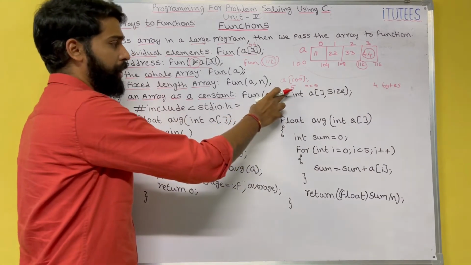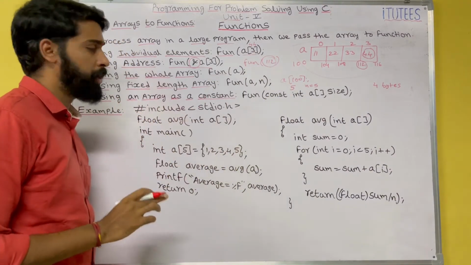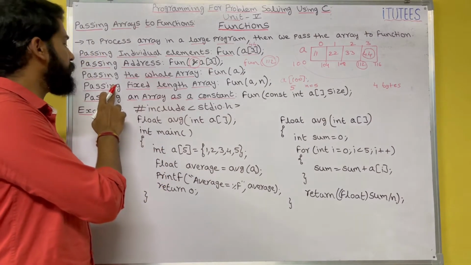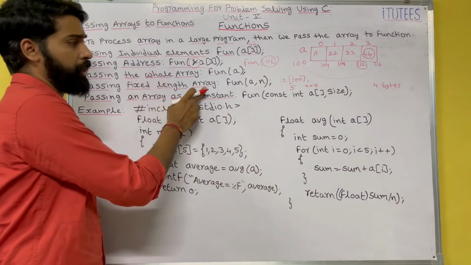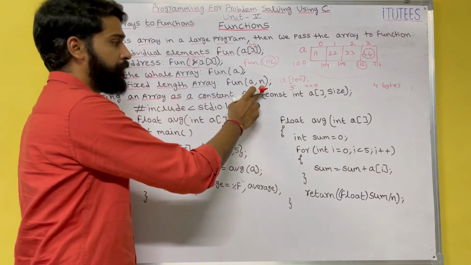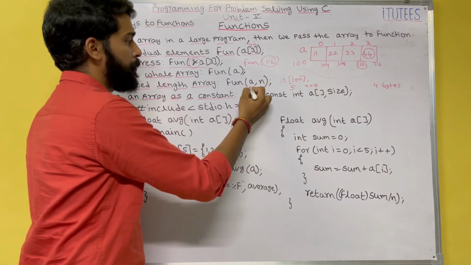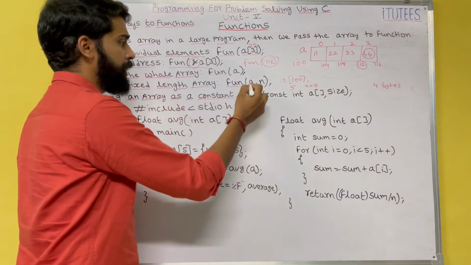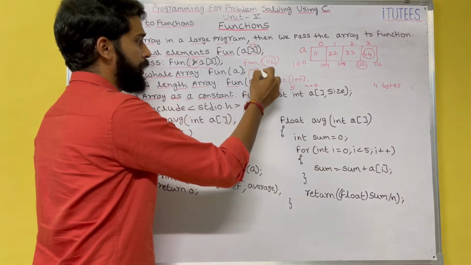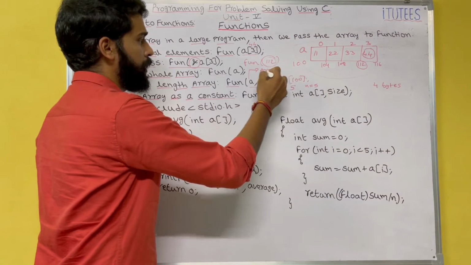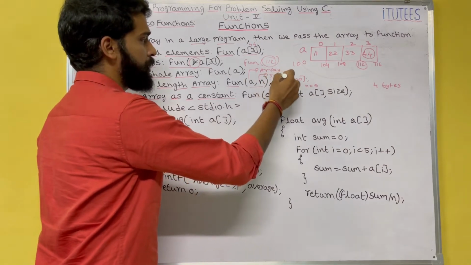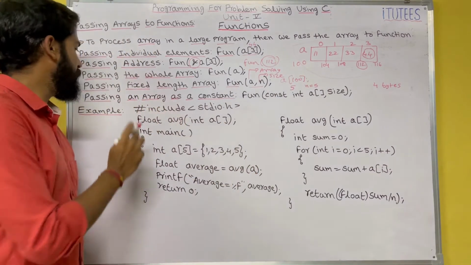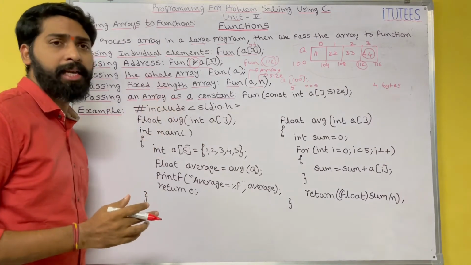So I read 5 values and store them in A. Now I want to pass this fixed length array, where the fixed length is n, here 5. So I pass both the array and the size as arguments: fun a comma n. Here a means array and n means size.